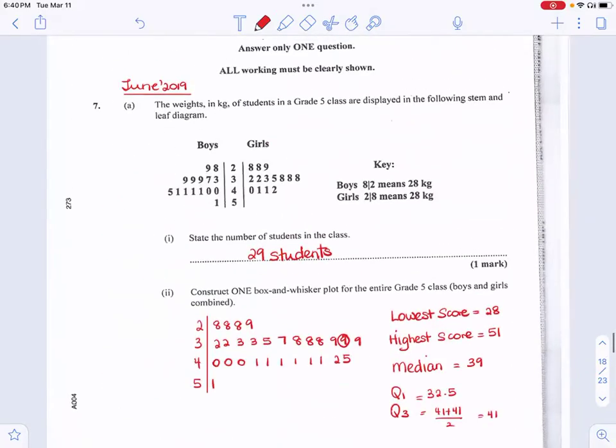So for the girls, we had to find the mean, which is X bar. So you're adding 29, 28, 28, 29, then you add in 32, 32, etc. That will be your X bar. You divide it by 14 because I think it's 14 girls. And then we had to find the standard deviation, which is the X minus the X bar.